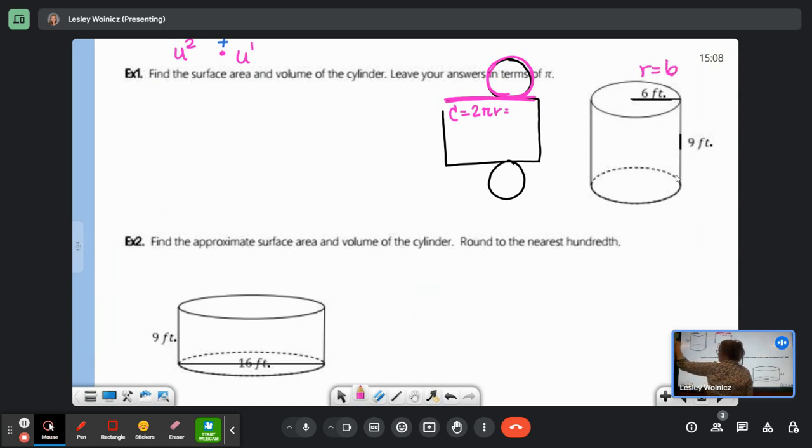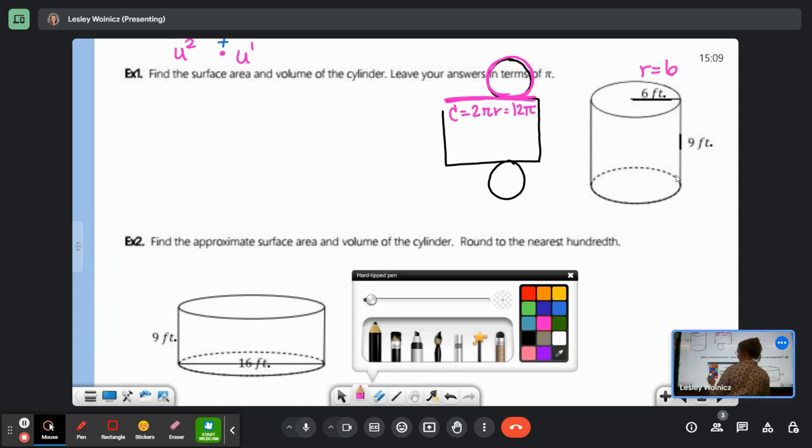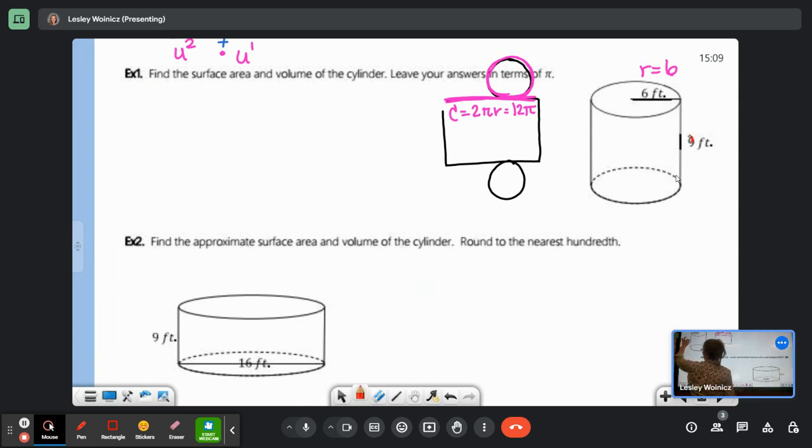Okay, so if I do 2 times 6, I get 12. So this is 12 pi. Everybody okay with that being 12 pi? Okay, what is the height of this little rectangle that we made? Yeah, this is just that same 9.